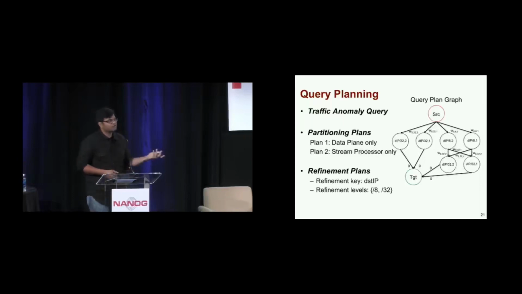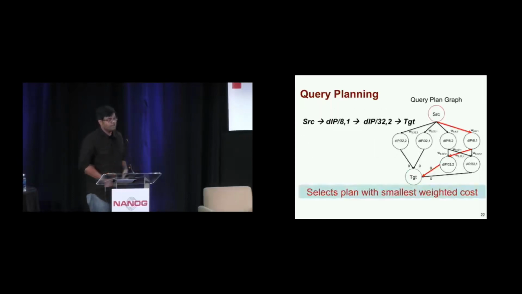So how do you select the best plan? What we rely on currently is that we use training data to enumerate the weights here. The weights are a normalized value of the number of packets processed by the stream processor, or the amount of state required in the data plane.